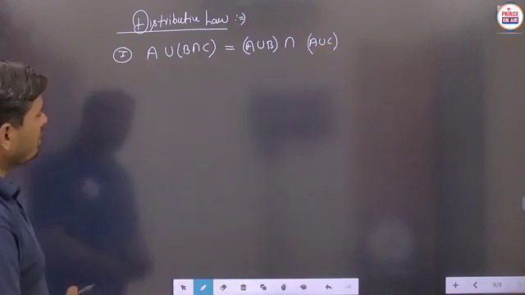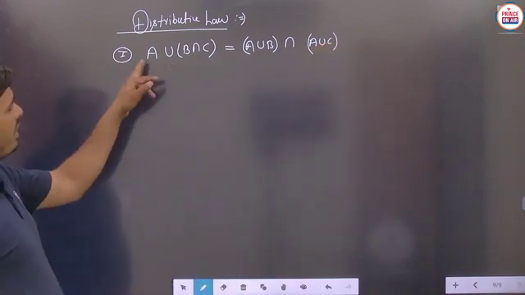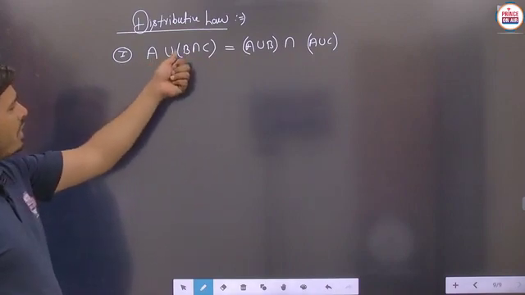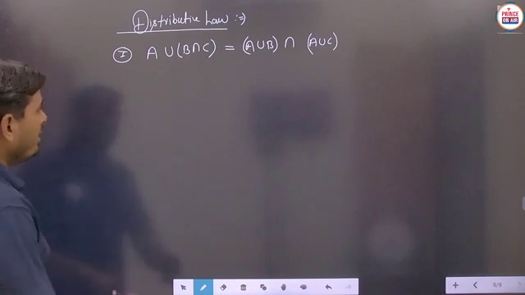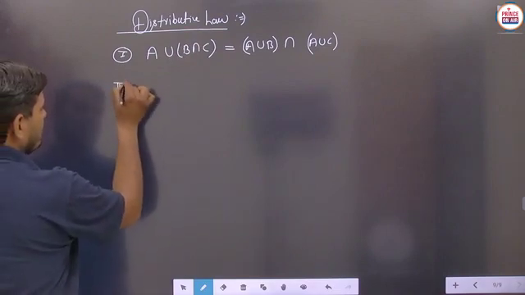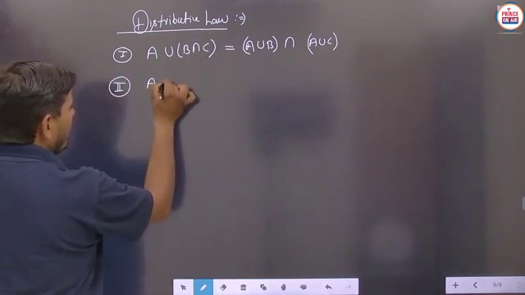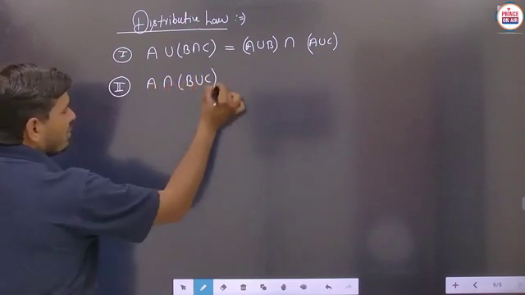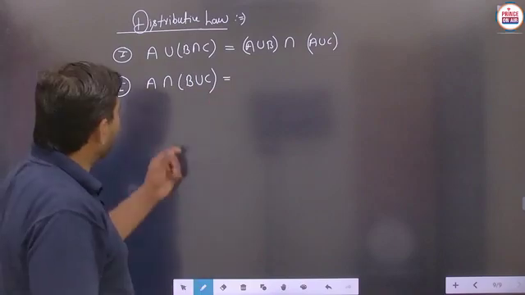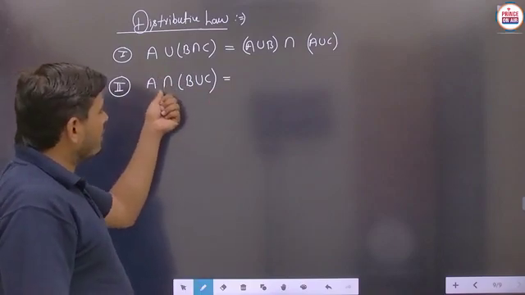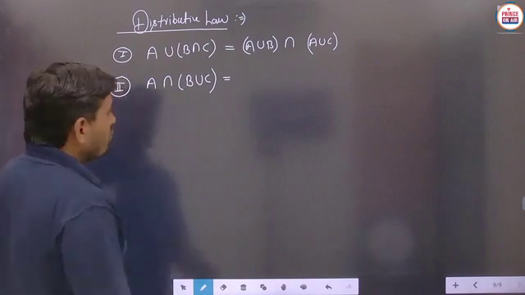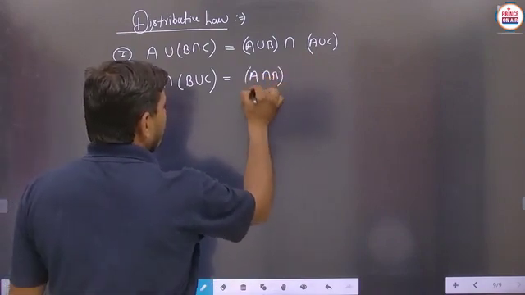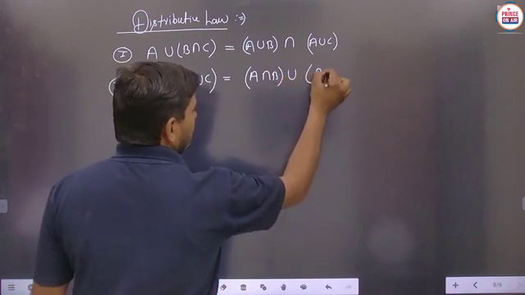So basically, students, what we are saying is A union B, then intersection, and this is written as A union C. And the second one says that suppose here A intersection, and here we take B union C. Then it is read like this: this intersection operation will be distributed over the union. So it is written as A intersection B union A intersection C.